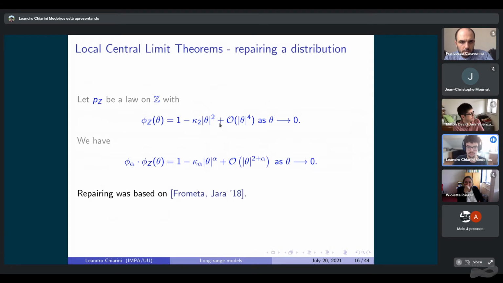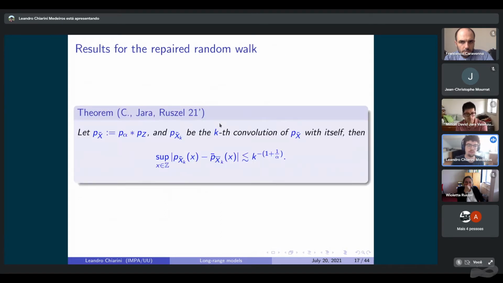And what is nice then is that we can now recover a rate of convergence. This is in dimension 1. This result holds identically in any dimension, but it's just that we don't know the characteristic function of p alpha, for instance. So this repaired distribution converges really fast to the stable distribution of our interest.